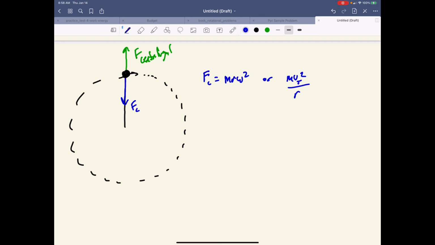Now, here's where we've got to think about what's happening with these forces. Now, we're spinning this ball around. As the ball travels around, notice that it is not getting any closer to the axis, and it is not getting any further away from the axis, right? It's traveling around the circular path, maintaining this distance r. If the centripetal force, the blue one, was the only force acting on this thing, then it would be radially accelerating inward, right?